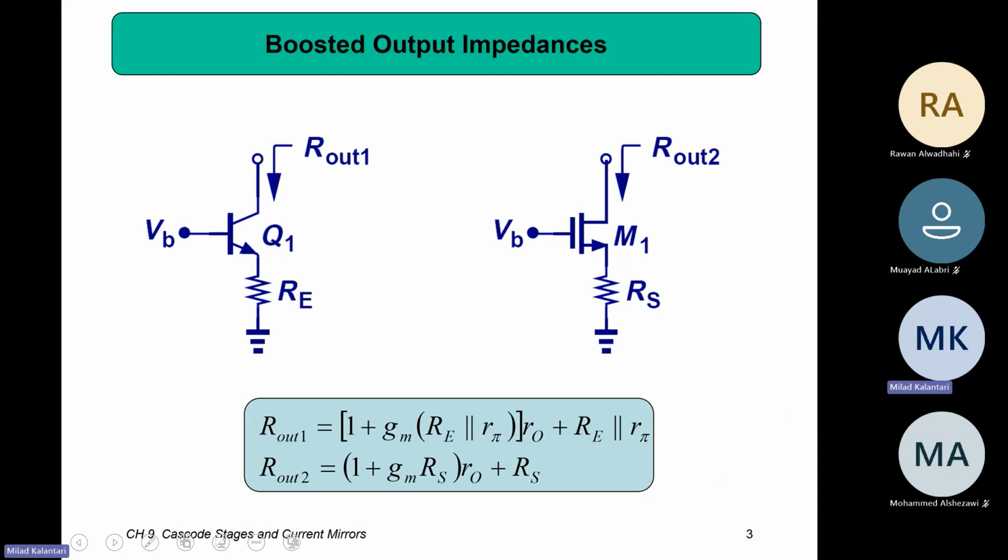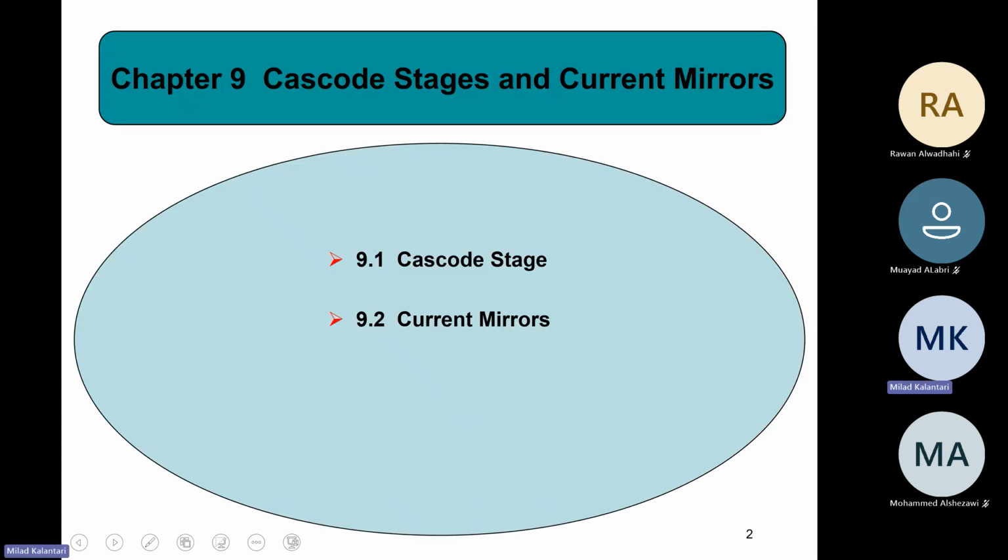So let's see what we are looking for before going through this. Do you remember what the gain of a common emitter was? Let's start from here, going back a little bit to the circuit.